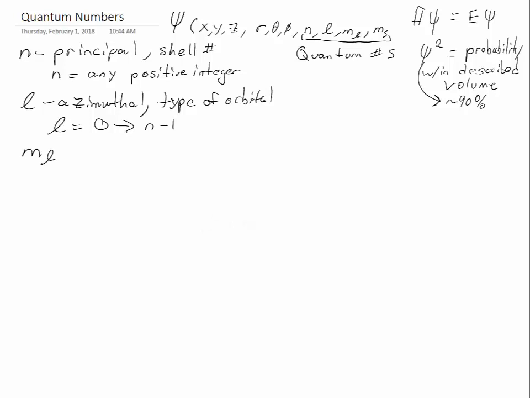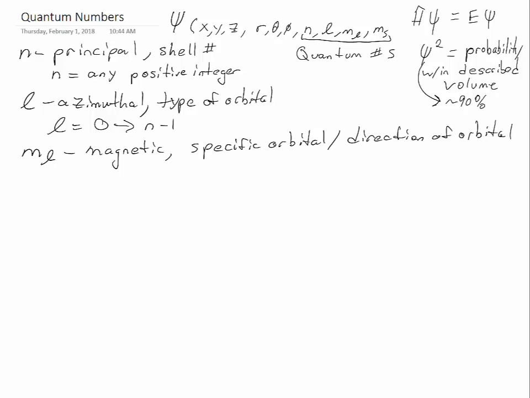m sub l is the magnetic quantum number. This is the specific orbital, or the direction of the orbital. And m sub l can have values from negative l up to 0 up to positive l.